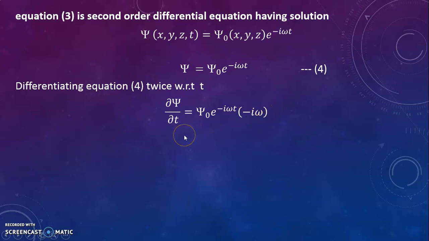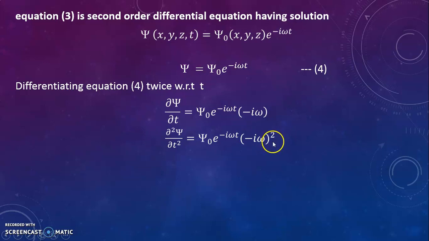Again differentiate it, so we'll get dou square psi upon dou t square is equal to psi naught e raised to minus i omega t, this term as it is, and again differentiation of the exponential part gives minus i omega.